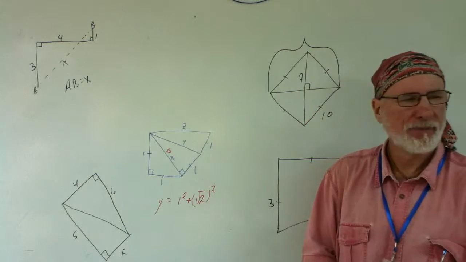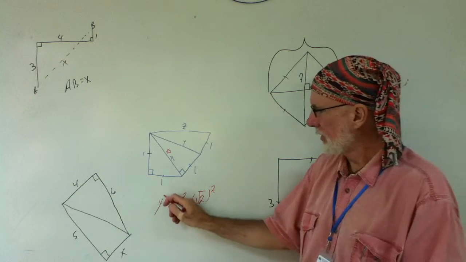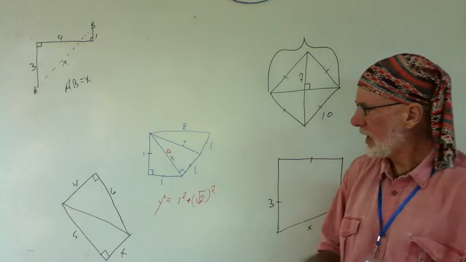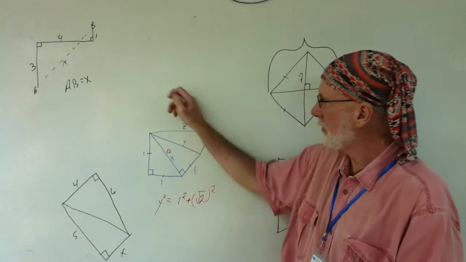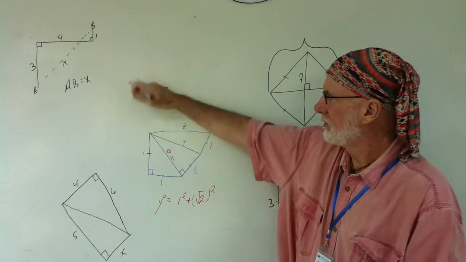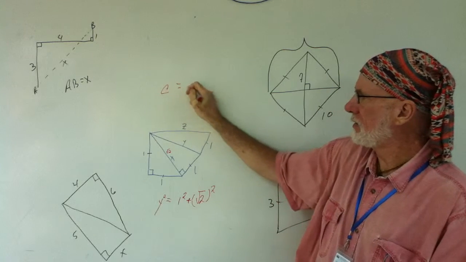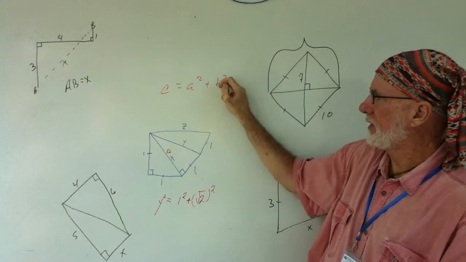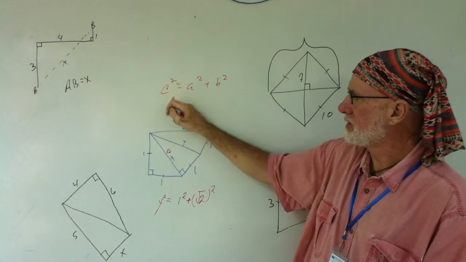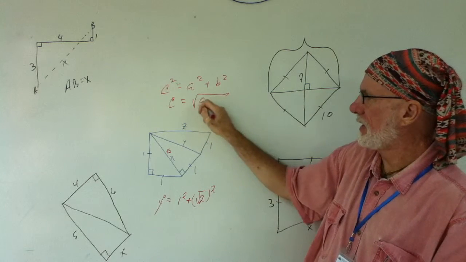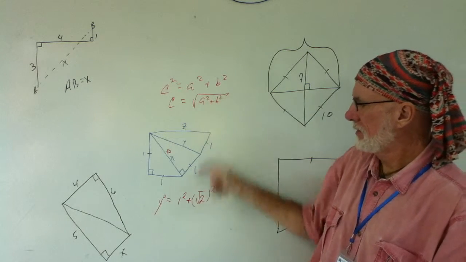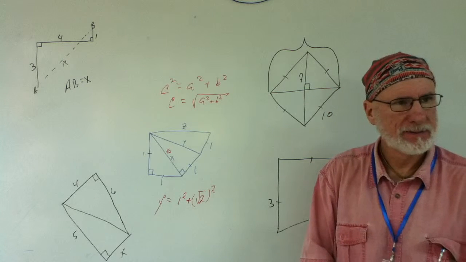So should I give you a hint? Okay. So y squared, right? Remember, c squared equals a squared plus b squared, right? So it's going to be c equals the square root of a squared plus b squared, right? So what do I do next?